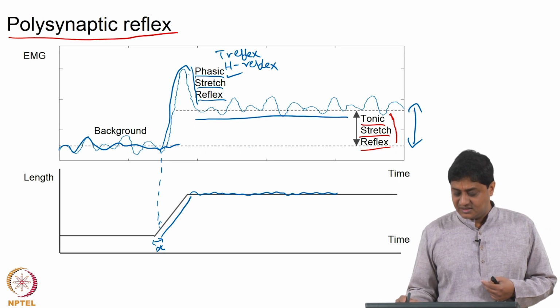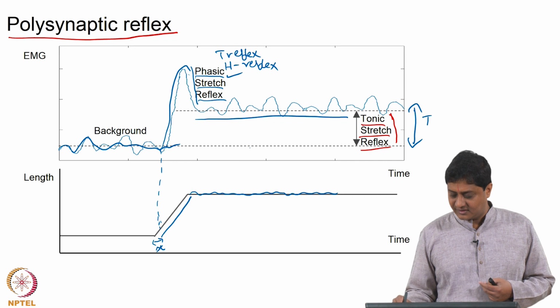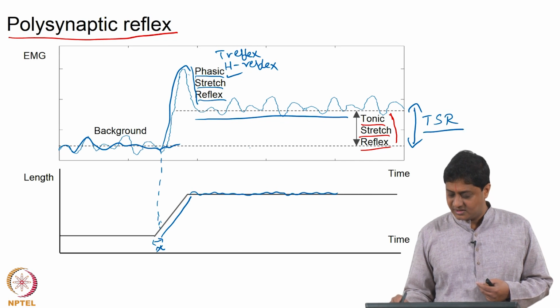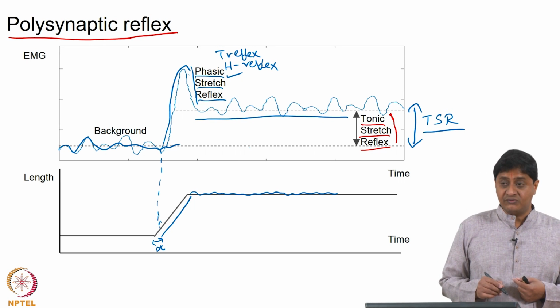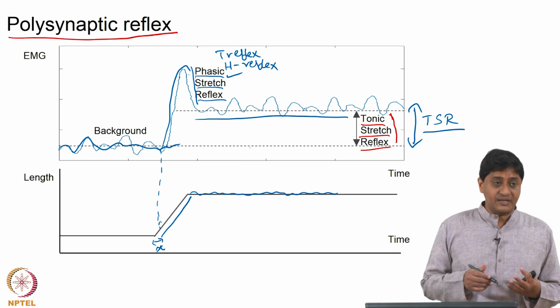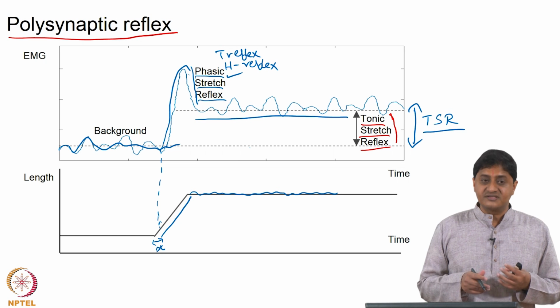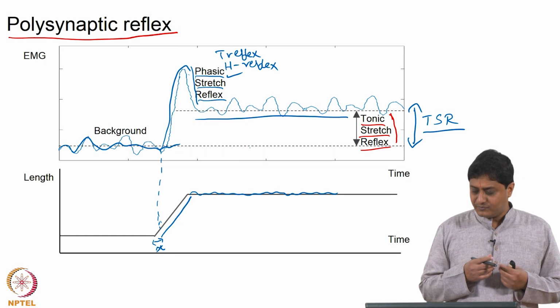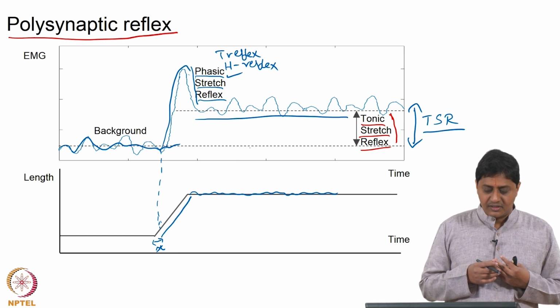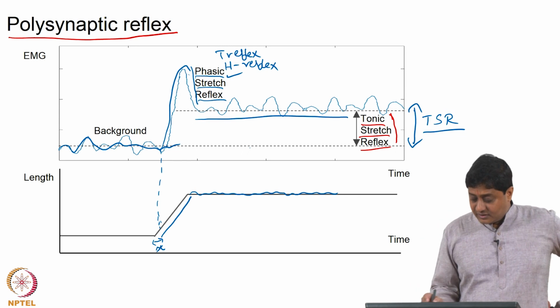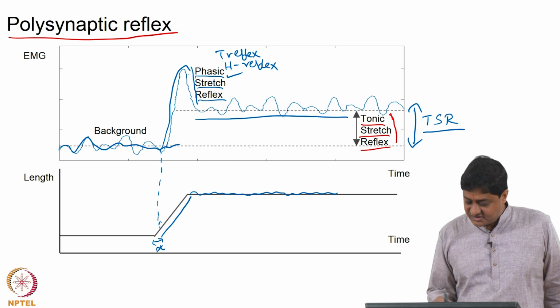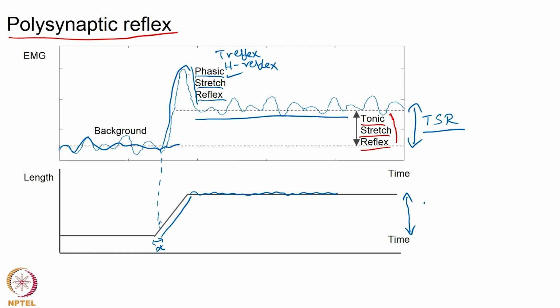This difference is due to what is called the tonic stretch reflex. This involves not a monosynaptic pathway, but rather a polysynaptic pathway involving several interneurons. And let us remember, that means the tonic stretch reflex is the response of the system to a level change.